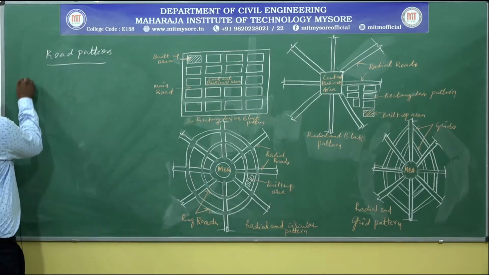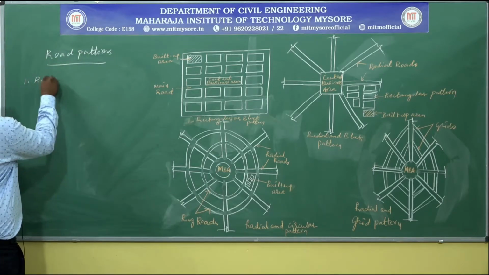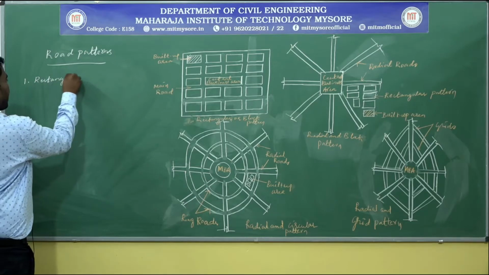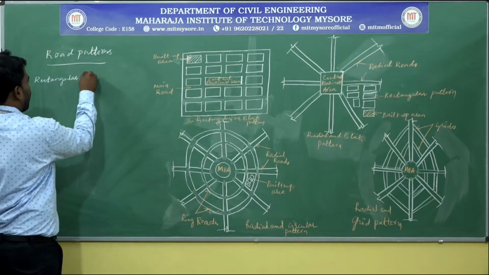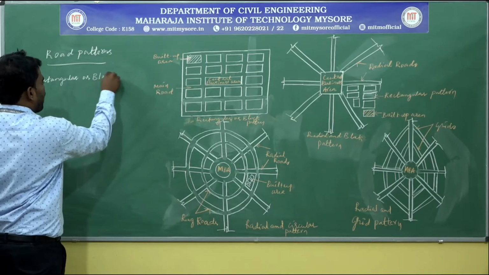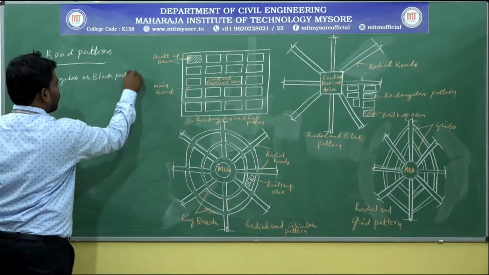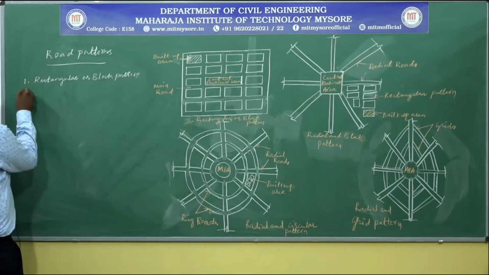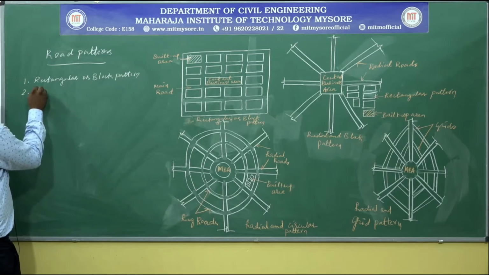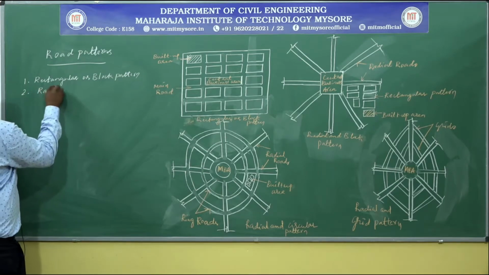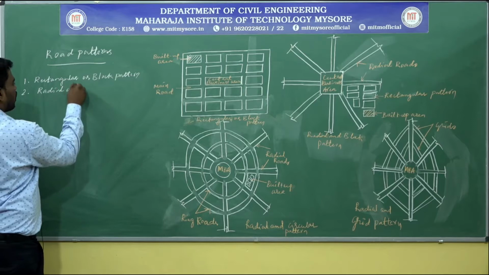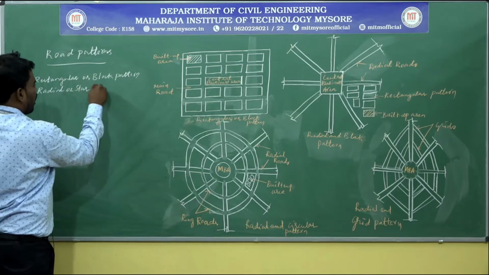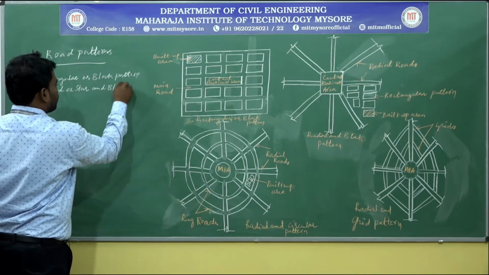Number 1, it is rectangular or block pattern. Number 2, it is radial or star and block pattern.